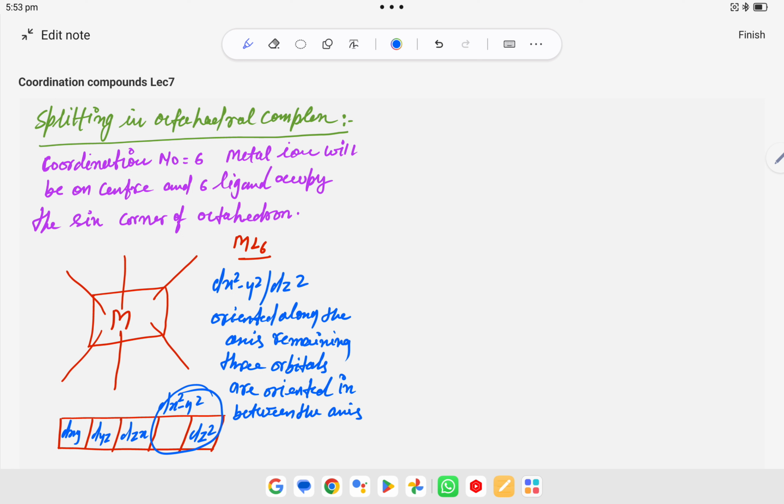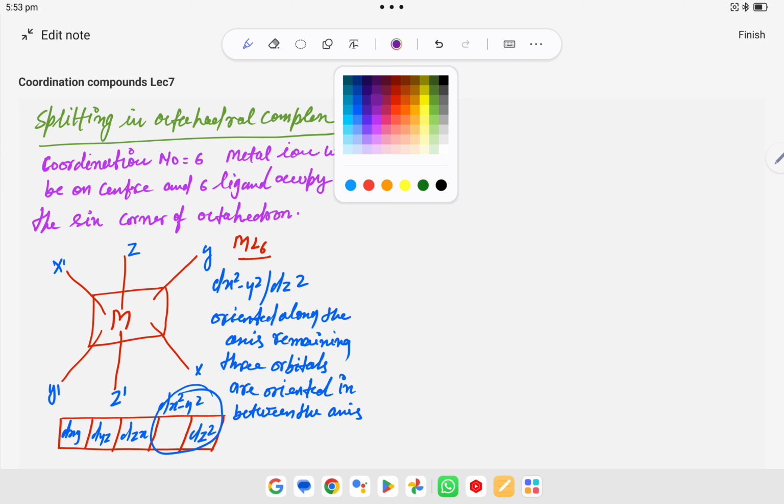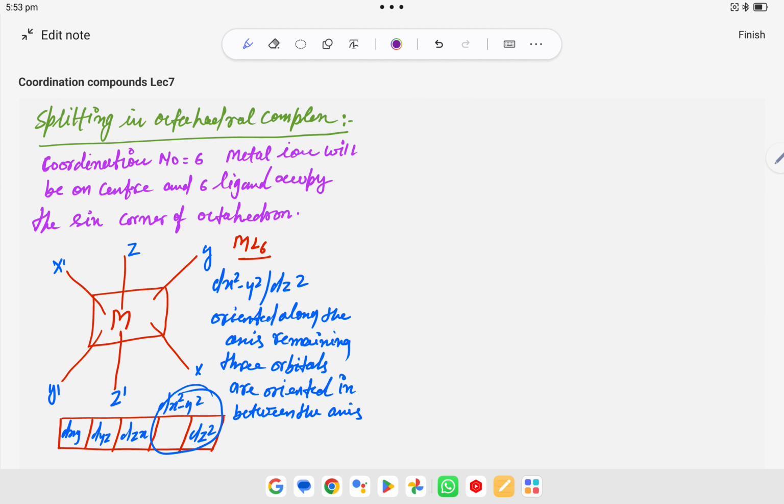Okay, so here that is x-axis, x dash, y-axis, y dash, z-axis, z dash. So which two orbitals are oriented along the axis? These two. The remaining three, these three, are in between the axis.